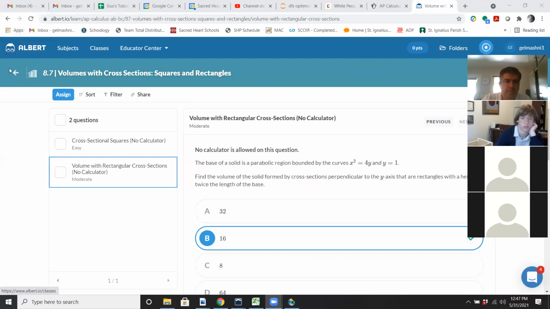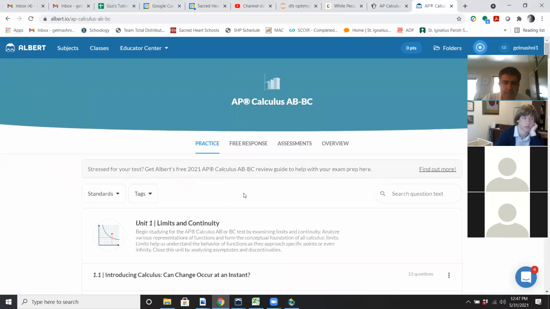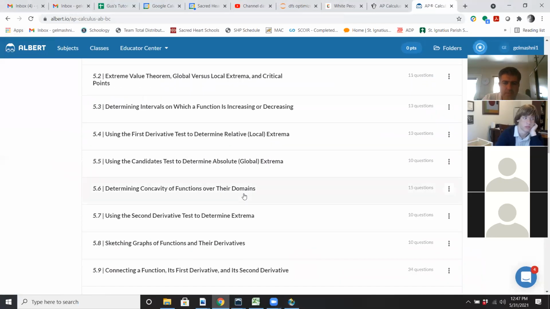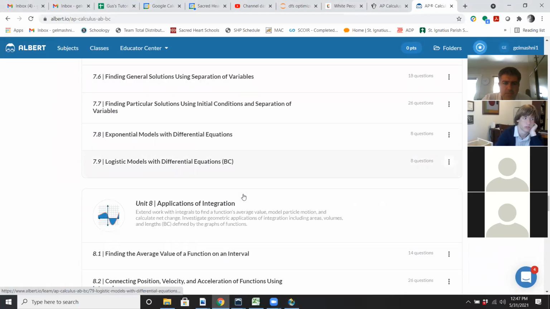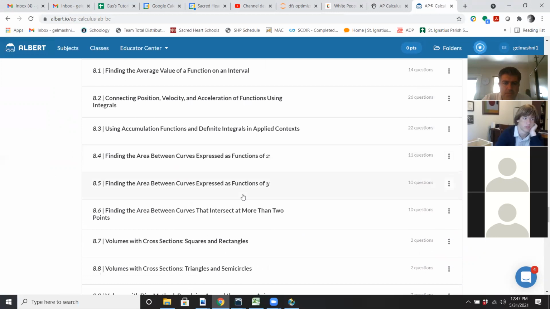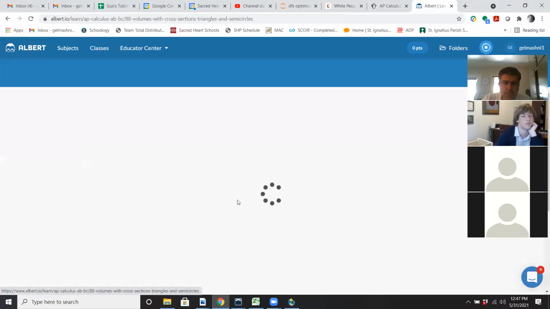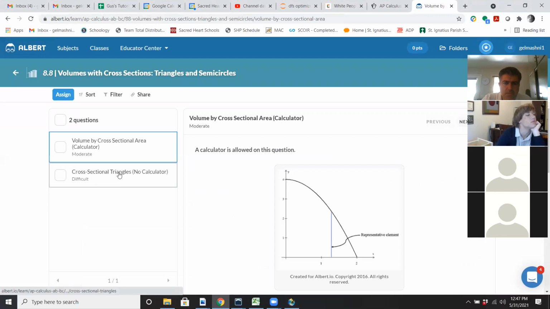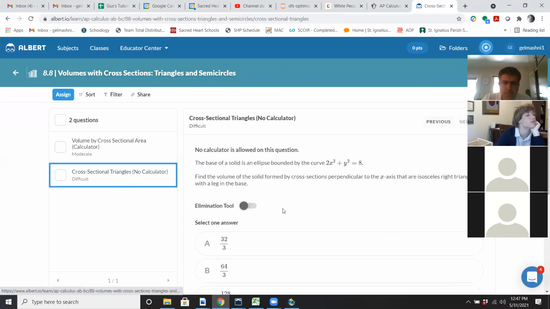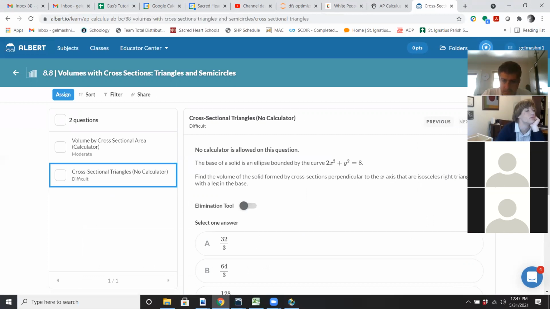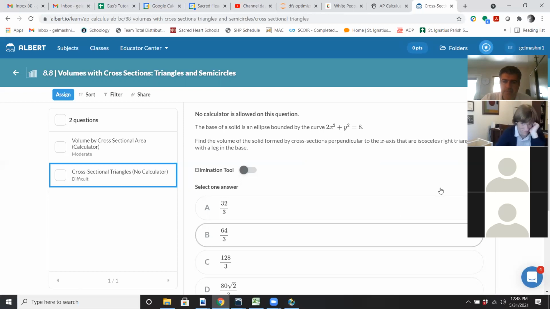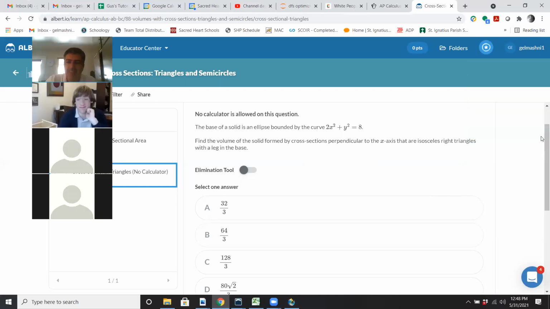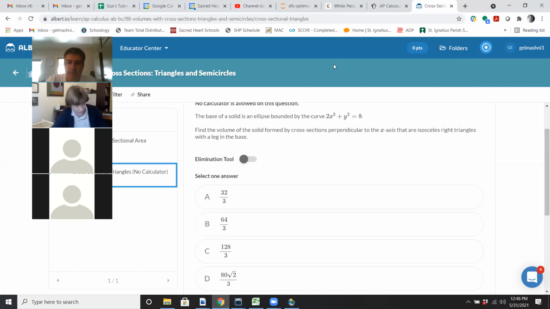Let's try another one, but a different shape. Okay. Have fun with this one. You may want to isolate y first, just so you know.